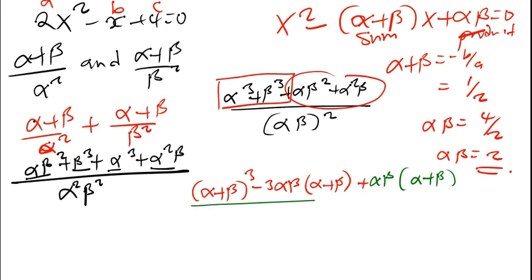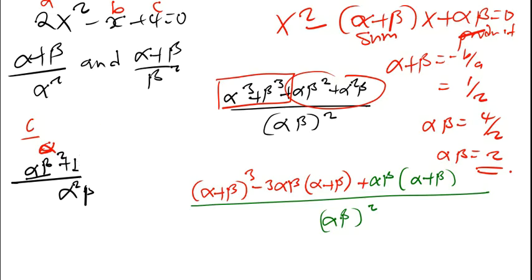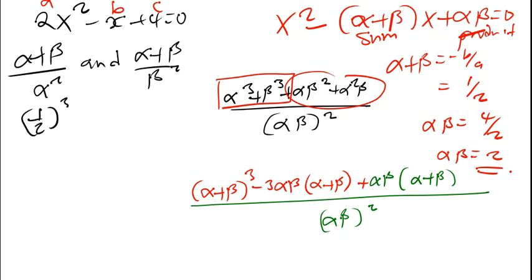You divide this by alpha beta to the power 2. We can go ahead and now plug in the values. Alpha plus beta is 1 over 2, raised to the power 3, minus 3 alpha beta is what? 2.